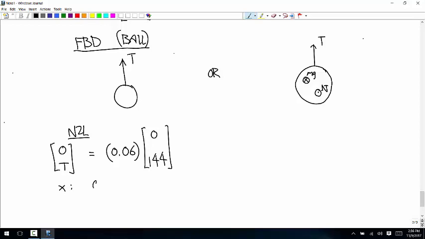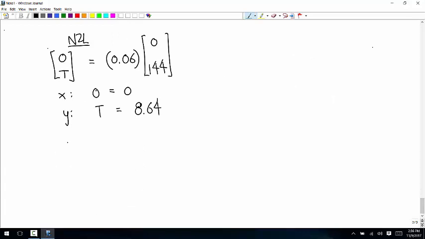So the x equation says 0 equals 0, and the y equation says T is equal to, if you multiply these two together, 8.64. So the cable tension is 8.64 newtons.